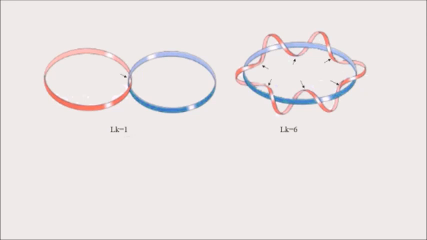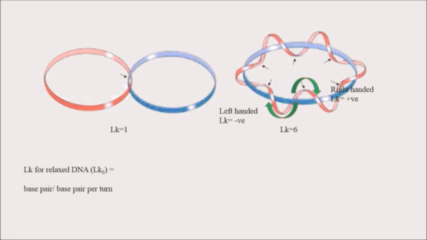In figure 1, the linkage number is 1 and DNA strand 1 has passed over the other strand a single time, while in the other figure it has passed 6 times over the first strand. When it is left-handed, the linkage number is negative, and when it is right-handed, the linkage number is positive. In the case of relaxed DNA, the linkage number can be defined as base pairs per helical turn.